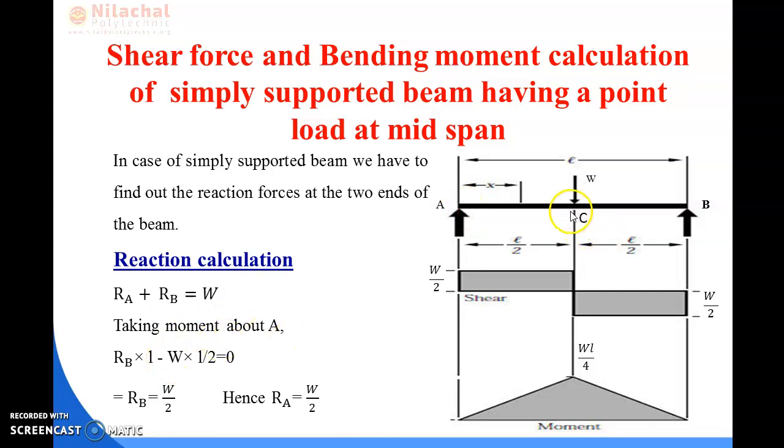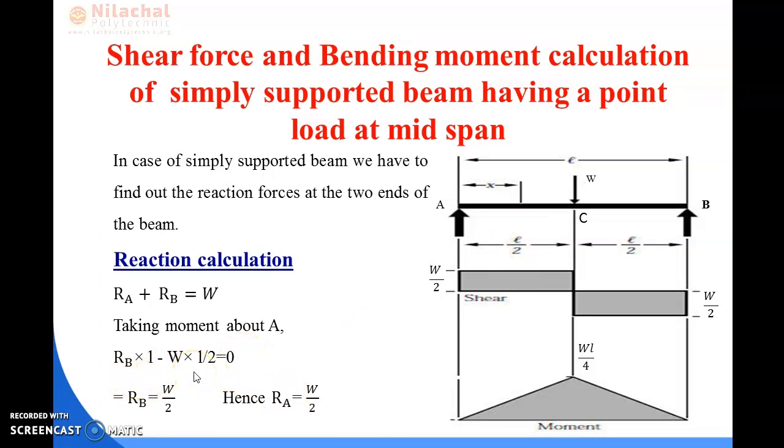Then the second load is W. The W will give a hogging moment towards A. So the load is W and the distance from this point to A will be L by 2. So the moment calculation will be RB into L minus W into L by 2, which equals 0.